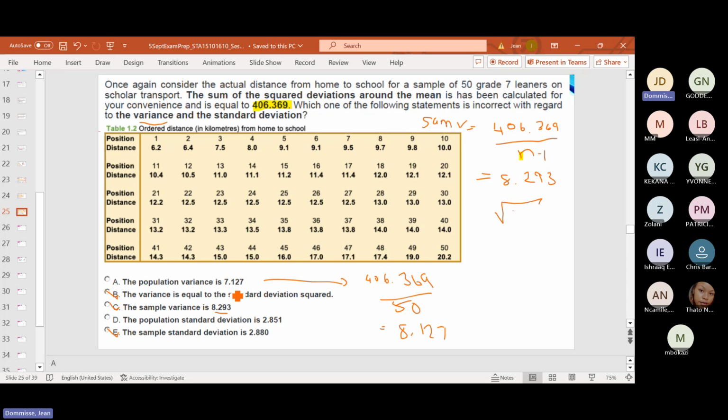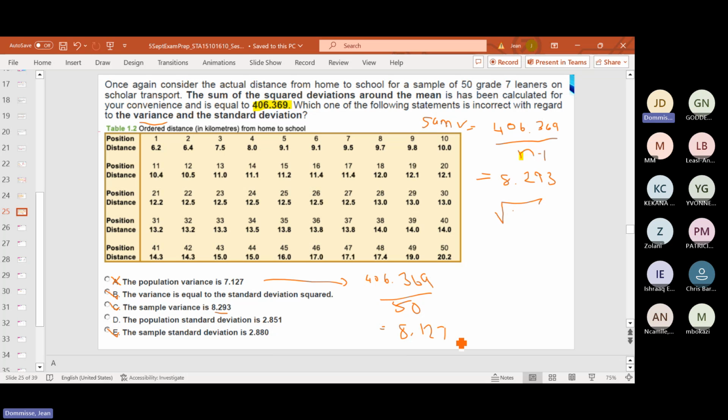It should be 8.127, not 7.127. So option A is the wrong one. And then if we take the square root of that, we will get a population standard deviation that is equal to 2.851.